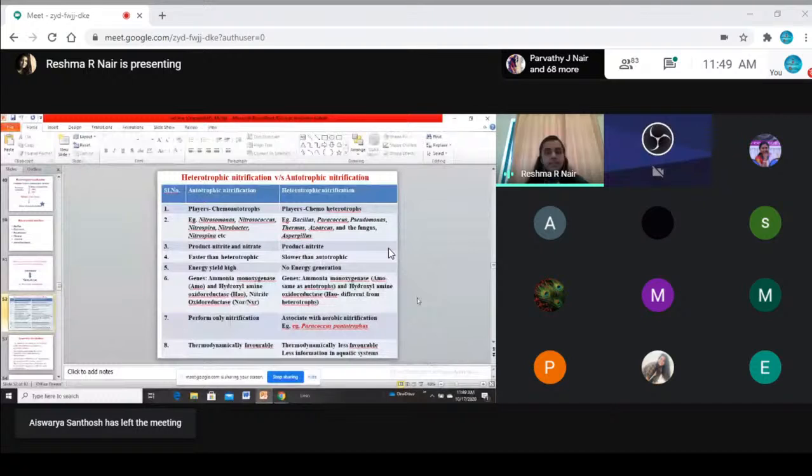Ammonia is deposited through the excretion of fishes, and that ammonia is converted to nitrite by ammonia oxidizers. Nitrite is converted to nitrate by nitrite oxidizers. Now we still have the toxic metabolite nitrate in the system, so we have to remove nitrate also. Who will perform denitrification? Definitely the denitrifiers.